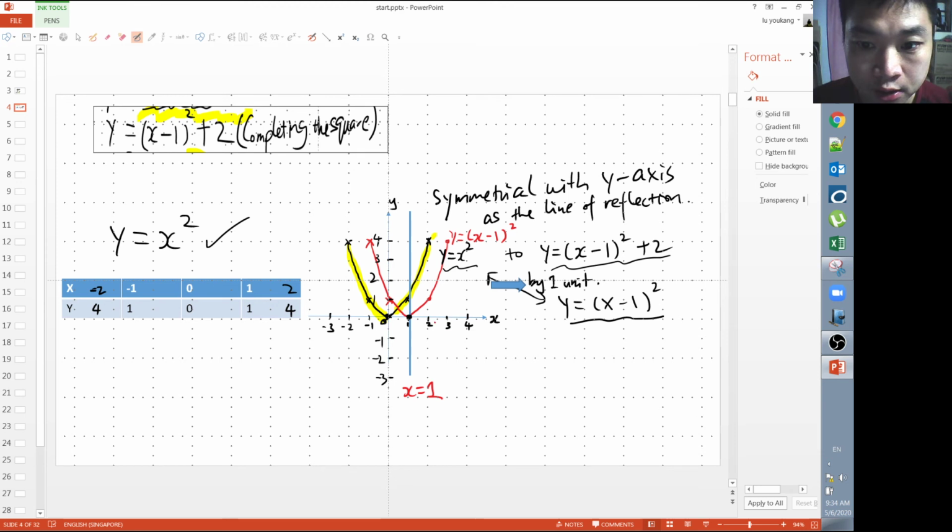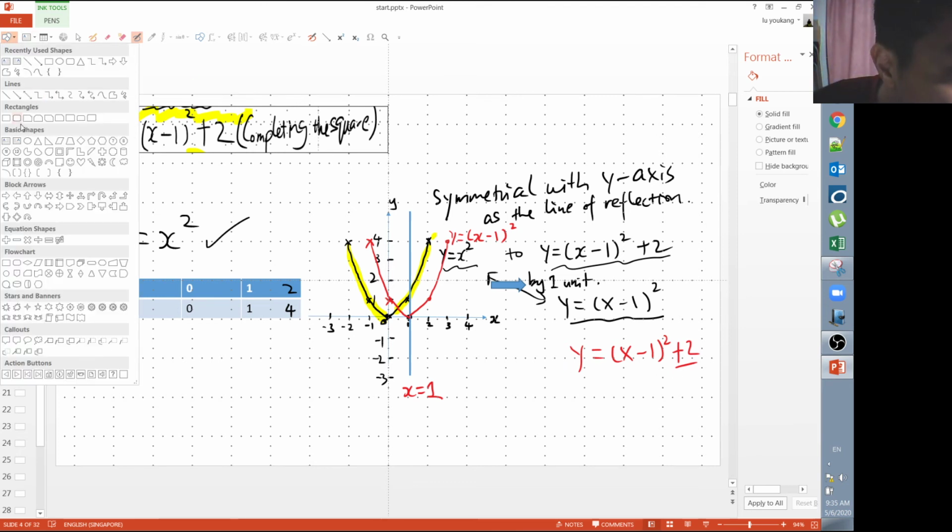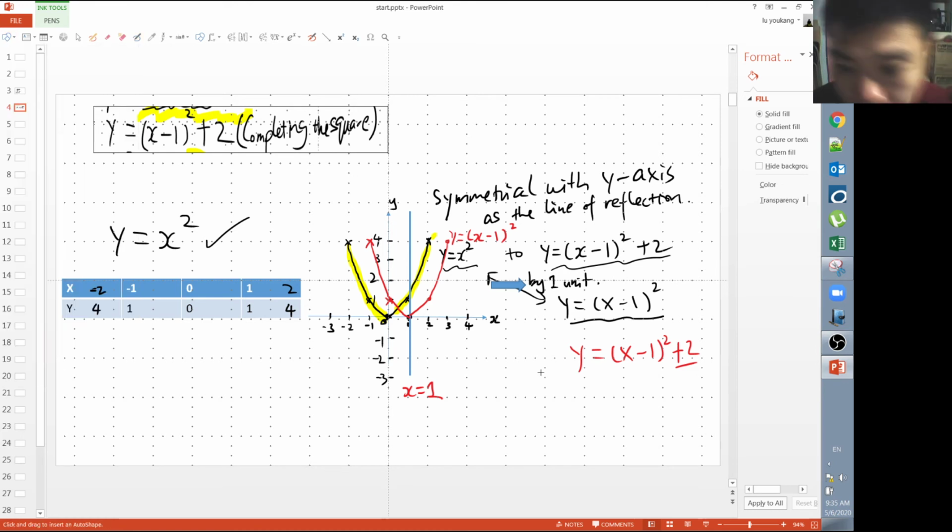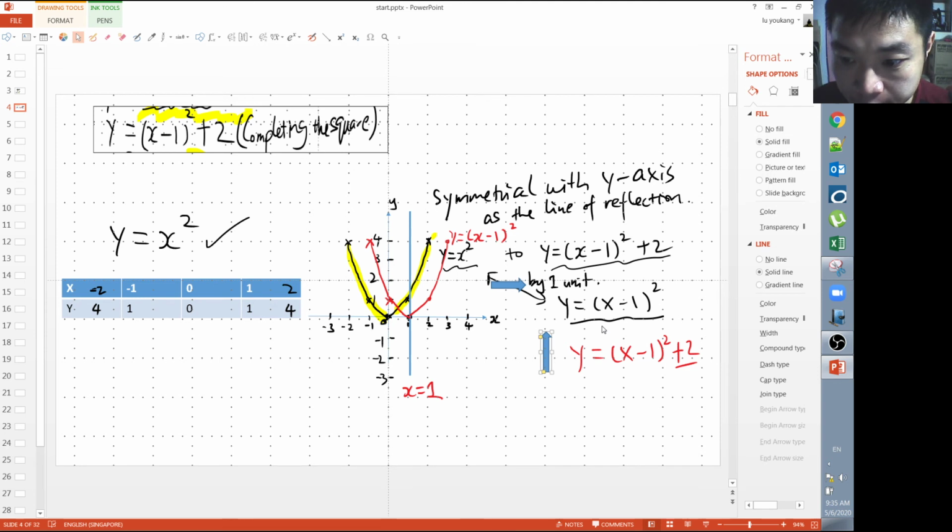Now let me complete the question. You have another +2, right? So when you have +2 here, what you need to do is bring this curve up by 2 units.